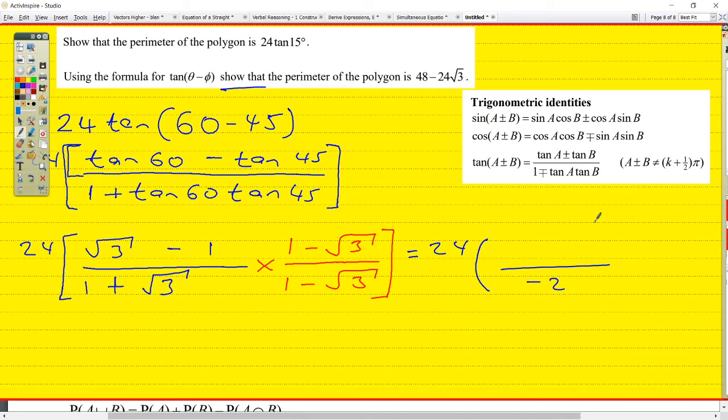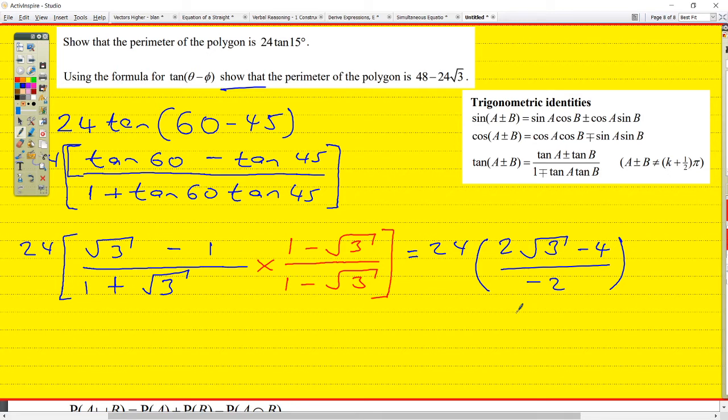Oh, they're not the same thing. I'm probably going to multiply this out. Two root 3 minus 4. You could factorize out 2 and then cancel out the denominator.